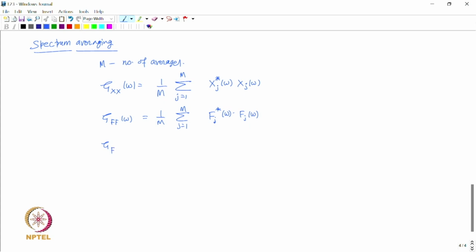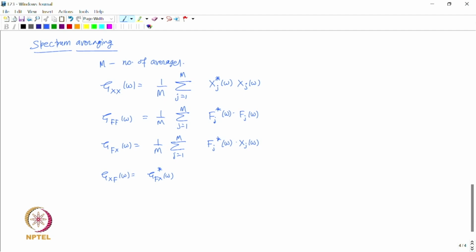Let us say G_FX omega as 1 by m, sum over j varying from 1 to m, of F j star omega into X j omega. We should also note that G_XF omega is nothing but the complex conjugate of G_FX. So they are related by a complex conjugate relationship.